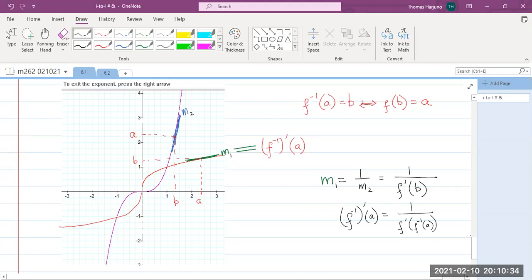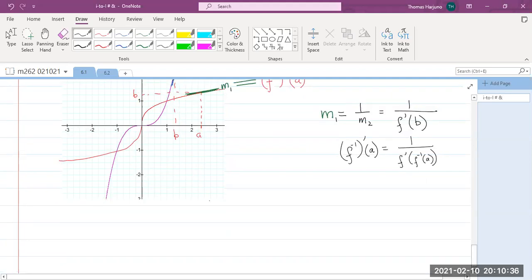Let's do a simple example to show the fact that the slopes of two inverse functions are reciprocal at the corresponding coordinates. For example, let f(x) equal 2x minus 1. What is the slope here? 2.